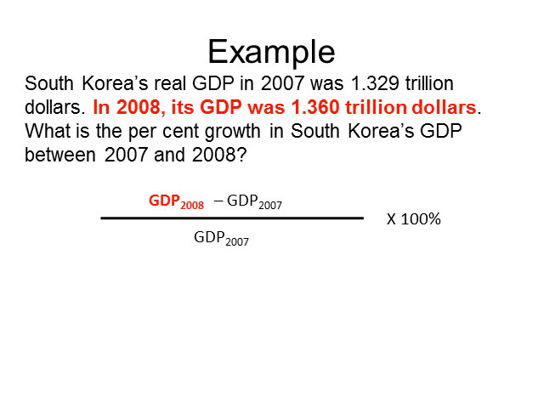The GDP in South Korea in 2008 was $1.36 trillion. So we will substitute that in for the 2008 GDP in South Korea.